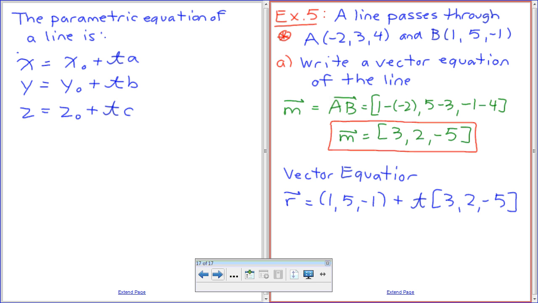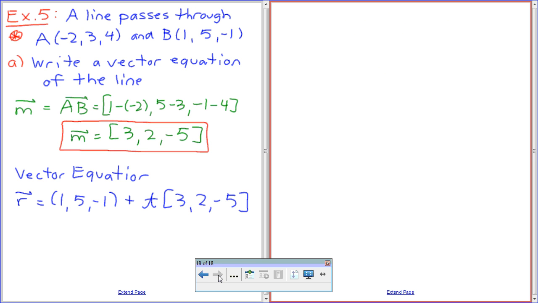All right, part B. Write the parametric equation of the line.